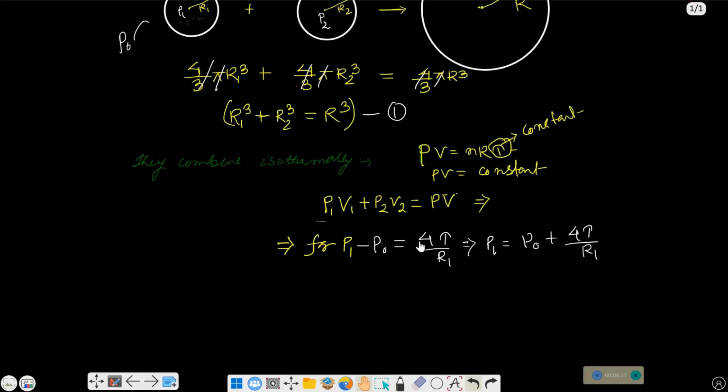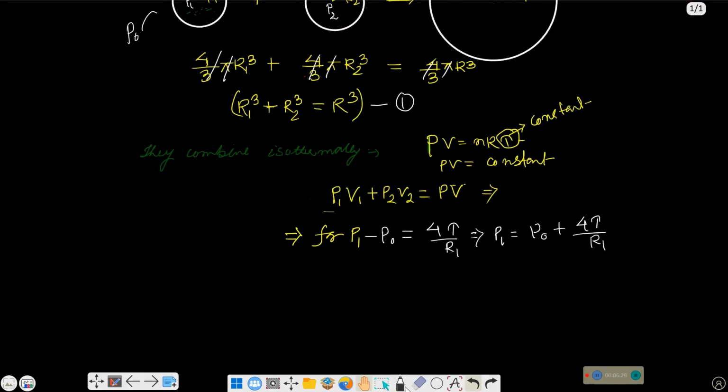Okay, next for the second one, we have P2 minus P0 is equal to 4T by R2, and this implies P2 is equal to P0 plus 4T by R2.